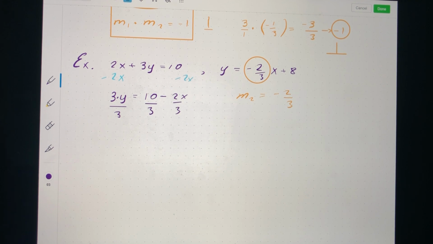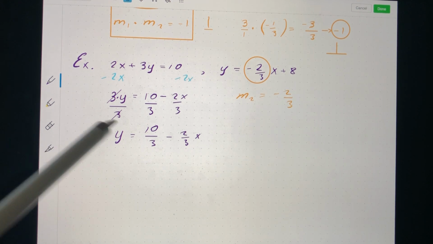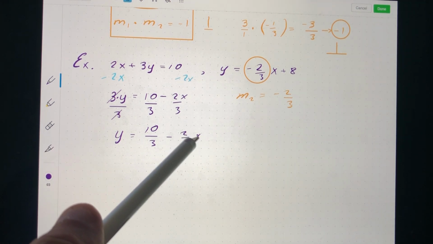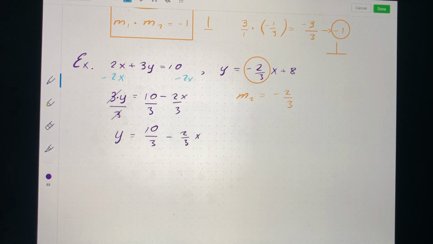We can do it all as one or separately. It is easier to reduce if we divide them separately. So 3 does not go into 10, leaving 10/3 minus 2/3 x. Now this is not really in the slope-intercept form, because in slope-intercept form the x comes first and then the b. So let's rearrange it.